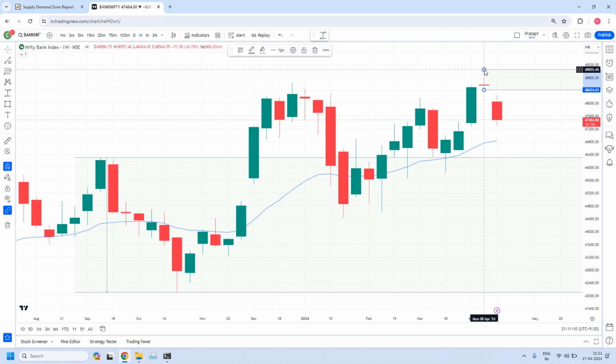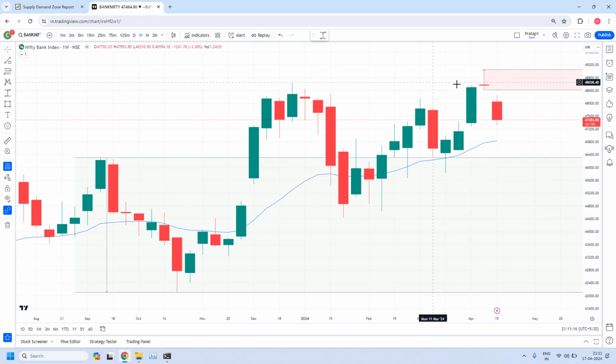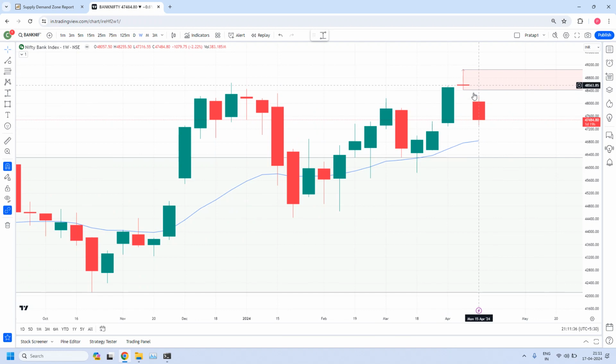Until that time, this may not be a valid supply zone. I'm just marking and leaving it, just to see what happens in the next 2 days. So until that time, let us not focus much on this. Why did I mark this? Any lower time frame zones within this area might help us for our short-term trade plans. But remember, this is not at a confirmed weekly zone.